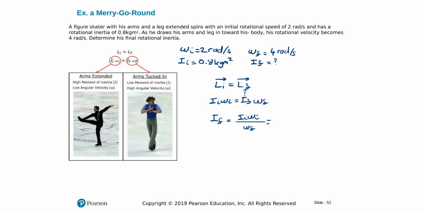The values are I initial is 0.8 kilogram meter squared, 2 rad per second is the initial angular velocity, and the final angular velocity will be 4 rad per second, and the answer will be 0.4 kilogram meter squared. Here you can nicely see these cancel and the unit left is kilogram meter squared.